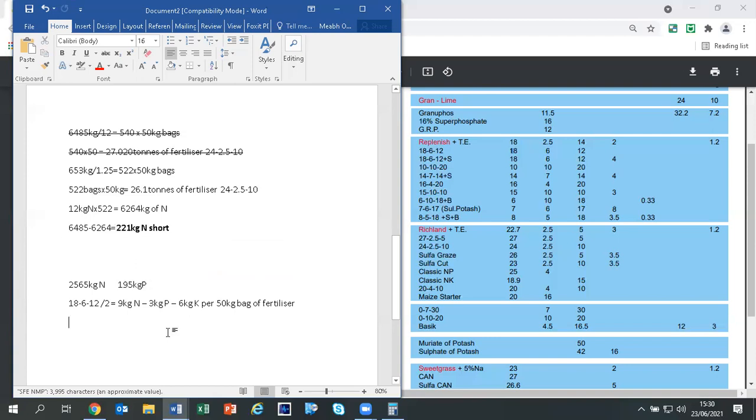So therefore, when we are doing our calculation, we will work off of our phosphorus to figure out how many bags of 18, 6, 12 we can spread before we go over our limit.